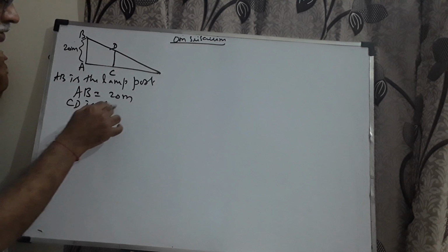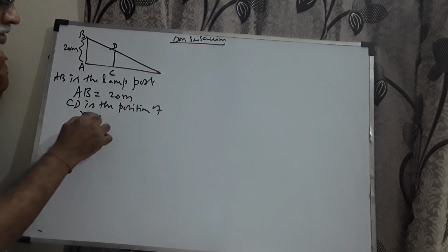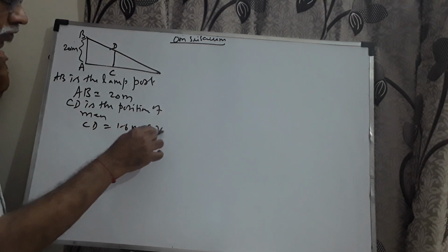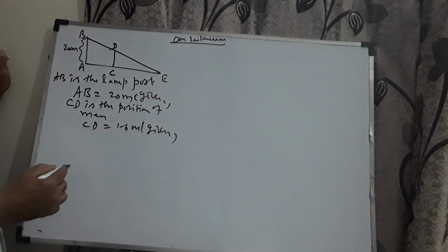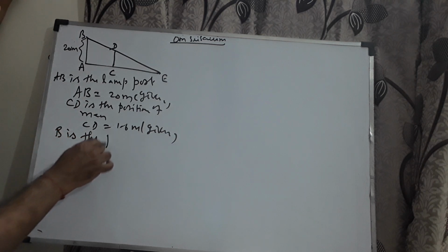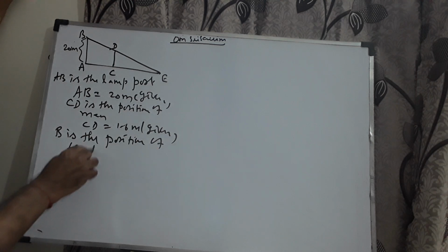CD is the position of the man. Now CD is equal to 1.6 meters, that is given. Just listen carefully. Now B is the position of the lamp.